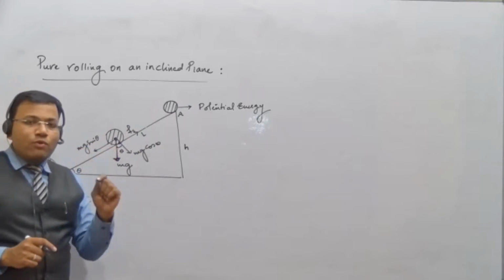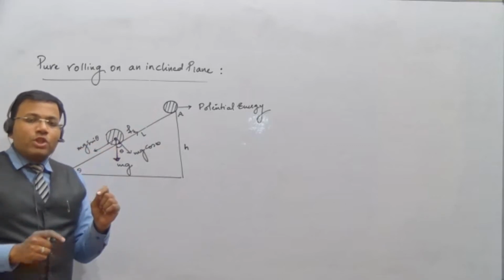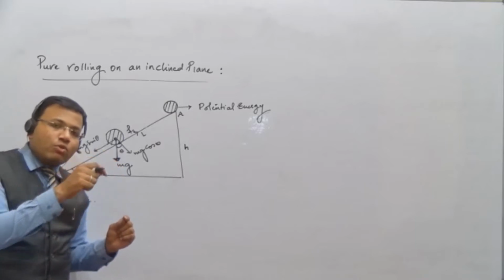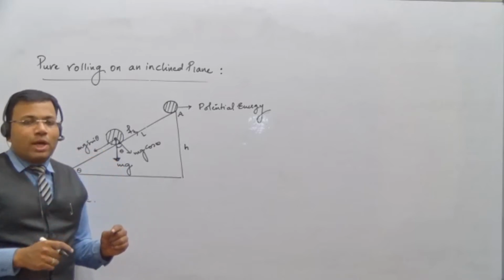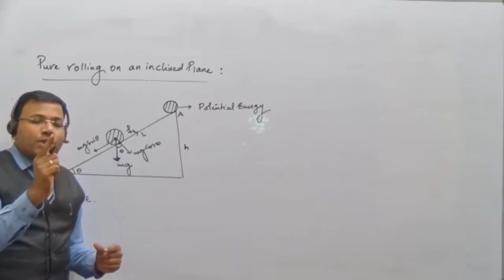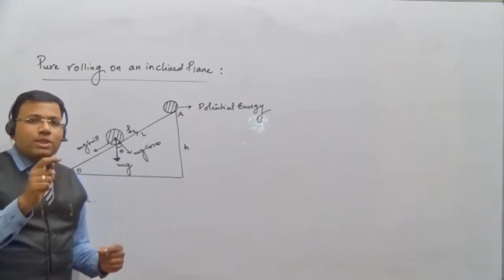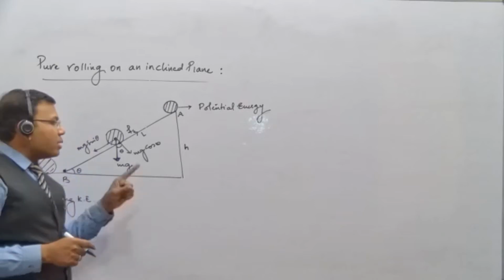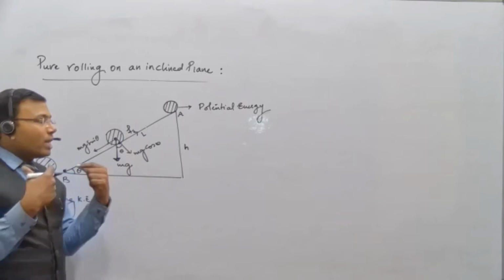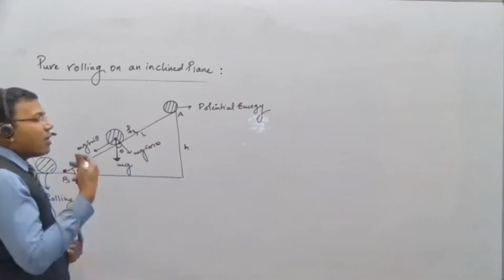If you go for a rolling body, the velocity of the point of contact of the rolling body and the surface on which it rolls is always zero. And we have seen under the concept of rolling motion, the topmost velocity is 2v and the bottommost velocity is 0. So we consider this point is at rest and we speak about the static frictional force. So what is the reason for this object to have an acceleration?